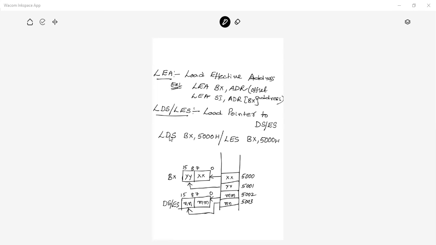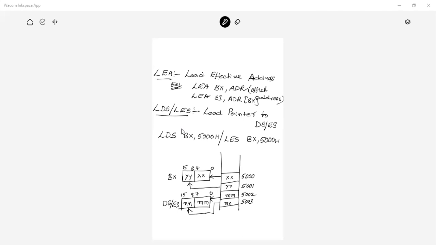For example, when I give the instruction like load the data segment register with BX colon 5000, BX is a 16-bit register. The first memory location, 5000, is the address. Here I was giving the source address, the data address.